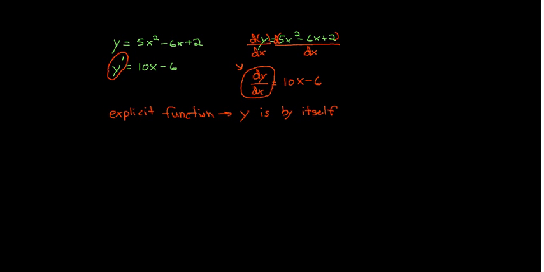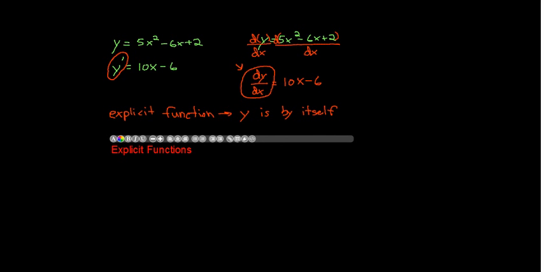But we're not going to look at explicit functions right now. We're going to take a look at implicit functions. Well, what is an implicit function? An implicit function is where y is not by itself.